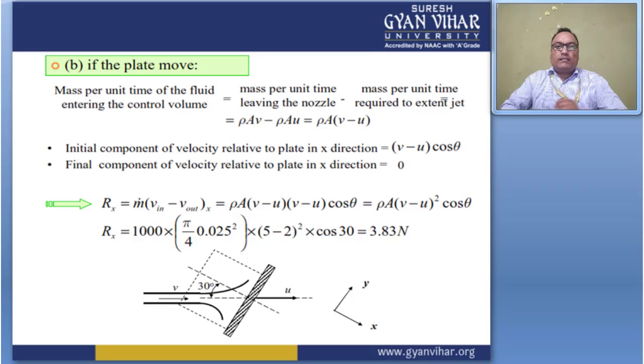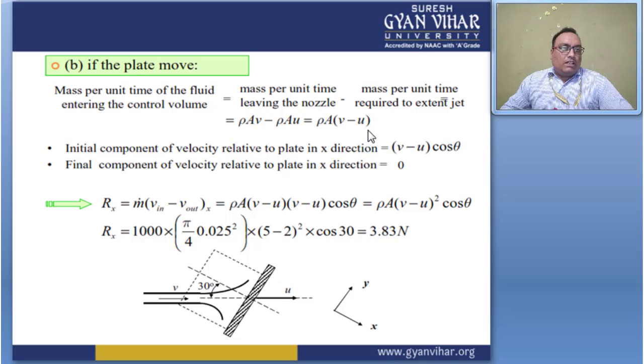This is the case if the plate is stationary. In the case where the plate is moving, the jet makes an angle with the normal axis of the plate. This is 30 degrees. The mass per unit time of the fluid entering the control volume is equal to the mass per unit time leaving the nozzle, subtracted by the mass per unit time required to extend the jet, which is rho A v minus rho A u, equal to rho A (v minus u).